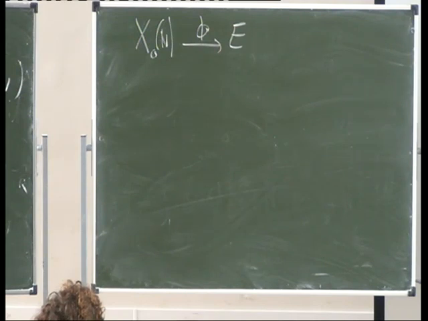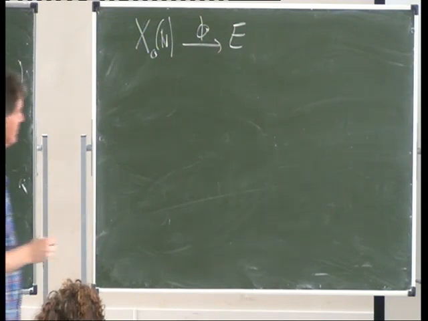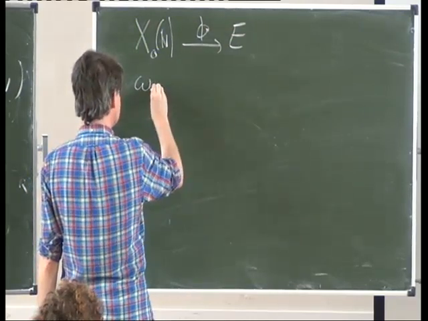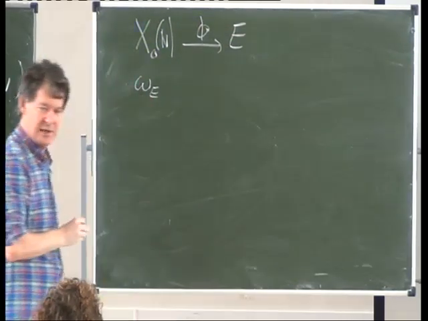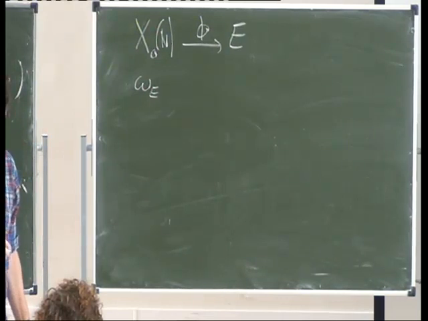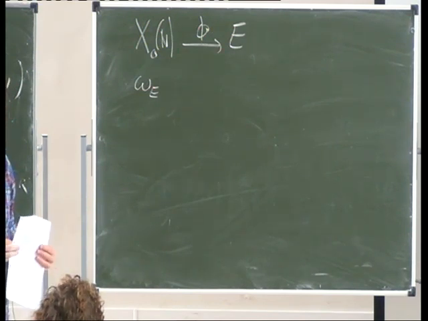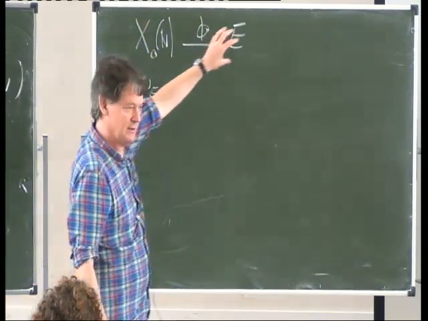If you know that, what you can do is the following. There is essentially a canonical holomorphic form on E. At least over Q there is a canonical form.